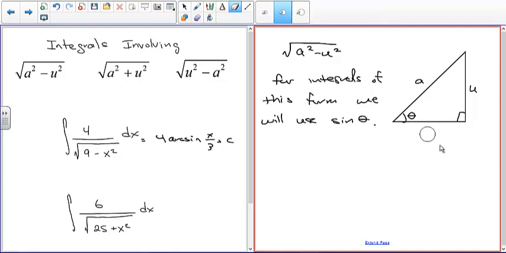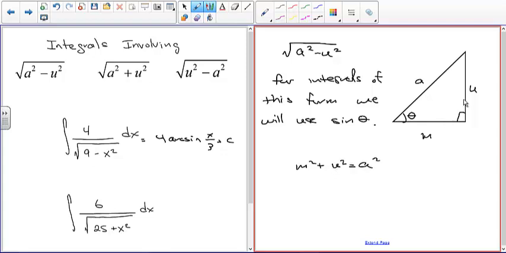Let's not use W because that's close to U. Let's say M. Okay, so the Pythagorean theorem would say m squared plus u squared is equal to a squared. The sum of the squares of the two sides of a right triangle equals the square of the hypotenuse. And if I solve for m, I subtract u squared from both sides, so I get a squared minus u squared, and I take the square root, and I get m is equal to the square root of a squared minus u squared. Okay.